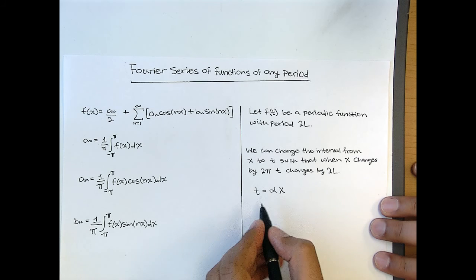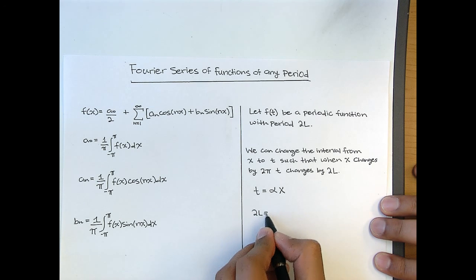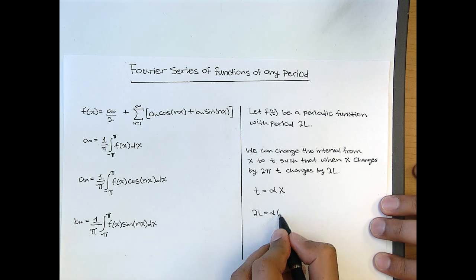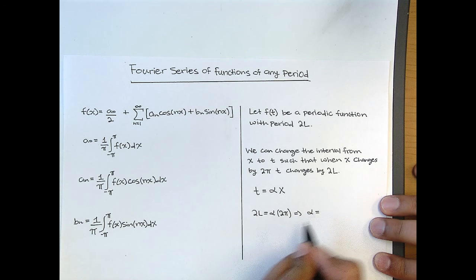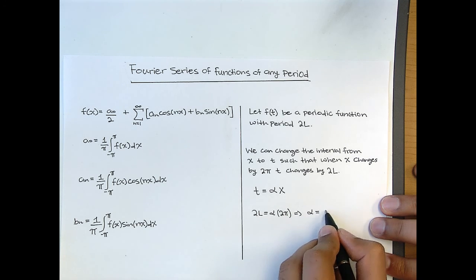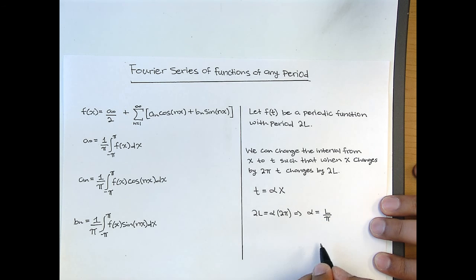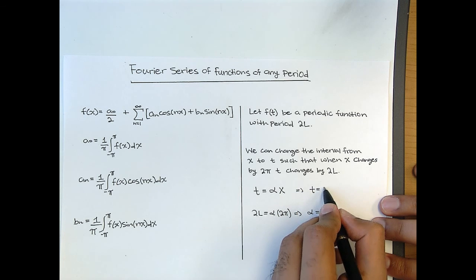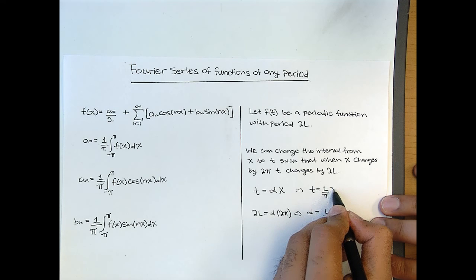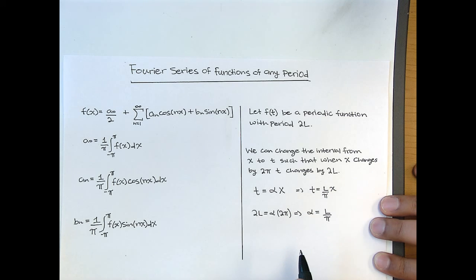Well, if t changes by 2L and x changes by 2 pi, then this alpha has to be L divided by pi. So this would imply that t has to be L over pi times x. Using this change of variables, we can find the Fourier series associated with any periodic function.